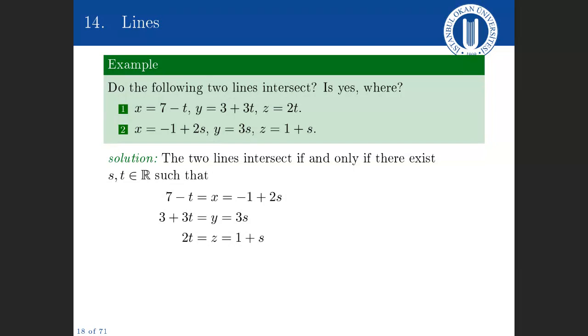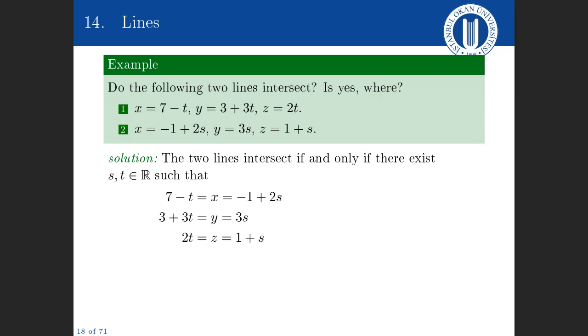Now, we can say these two lines intersect if and only if we can find s and t. I should point out, by the way, because I've used t in the first line and I don't want there to be any confusion, I'm using a different letter on the second line. So this is why it's t on the first line and s on the second line.